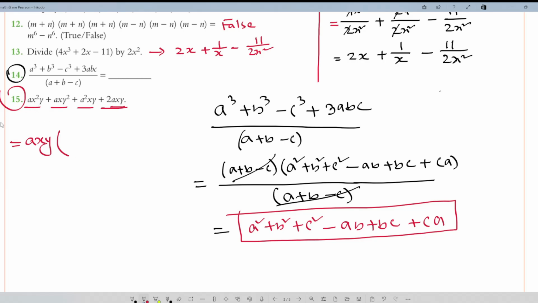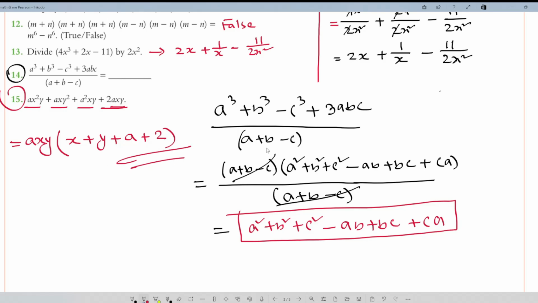So here is a out, x square from x square, x out, so here is x and y out, plus from here ax out, y square, y out, so only y, plus here is xy out, from a square, a out, so only a, plus axy out, so here is only 2, and this is our answer.